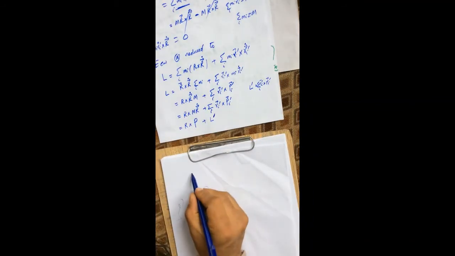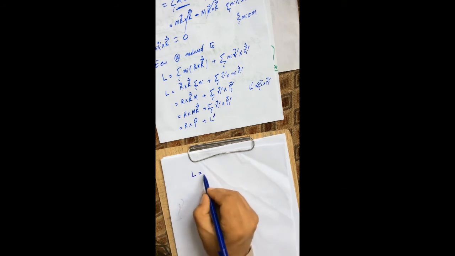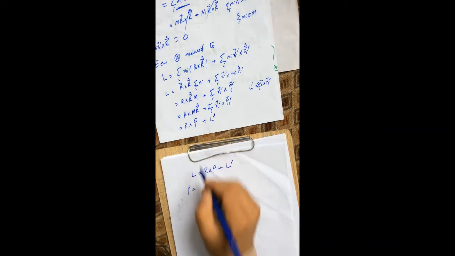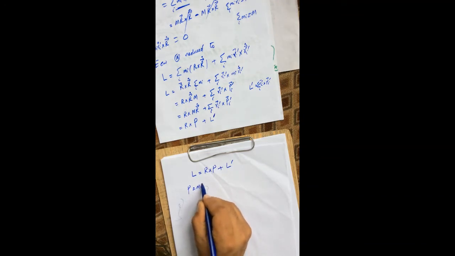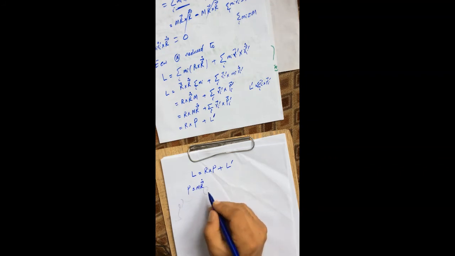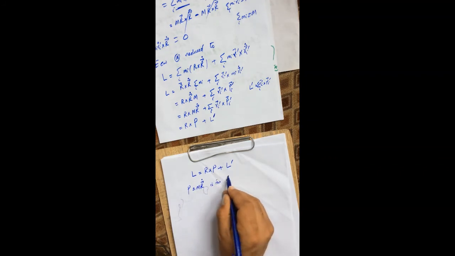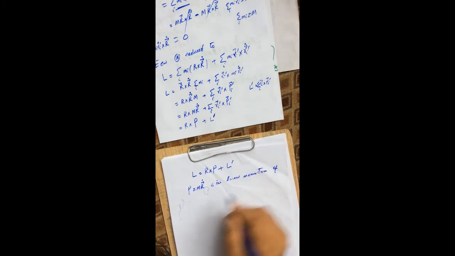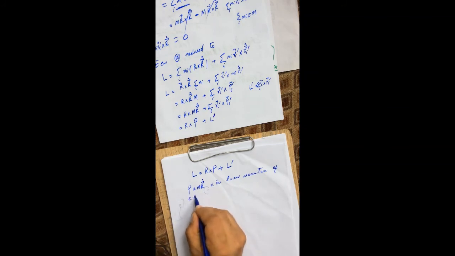Now we have the final expression here. The total angular momentum now contains two terms: one is R cross P plus L prime, where we replace P by m R dot, and this is the linear momentum of center of mass.